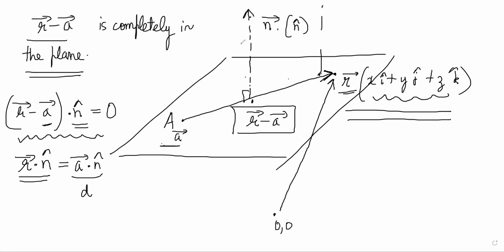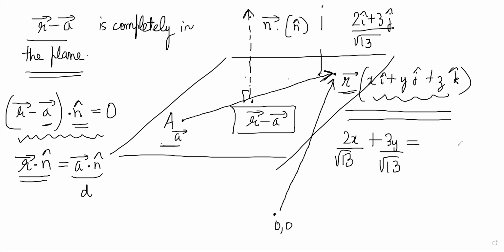Because r dot n, suppose n was some 2i plus 3j by root over 13. So you will get 2x by root 13 plus 3y by root 13 is equal to a dot n whatever value, right? So that will define a plane now. Are you understanding? Yes, sir.